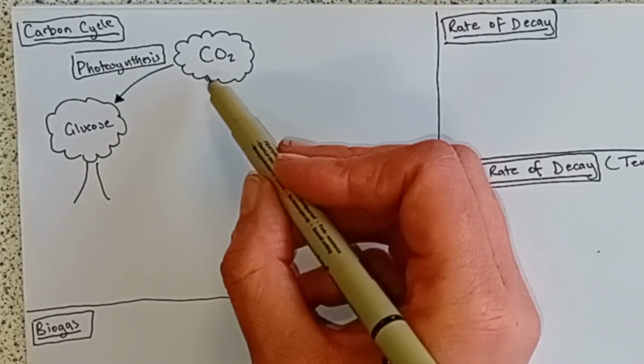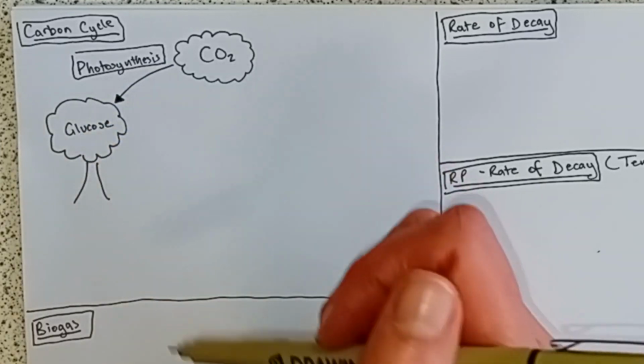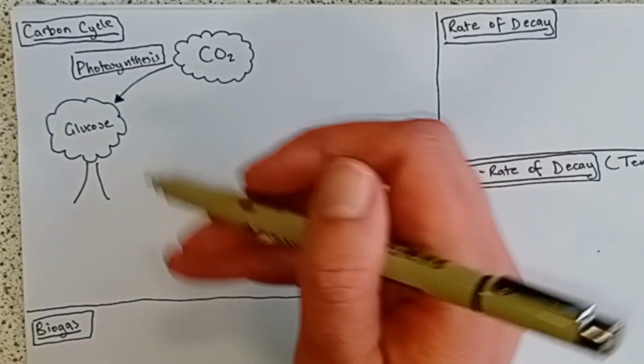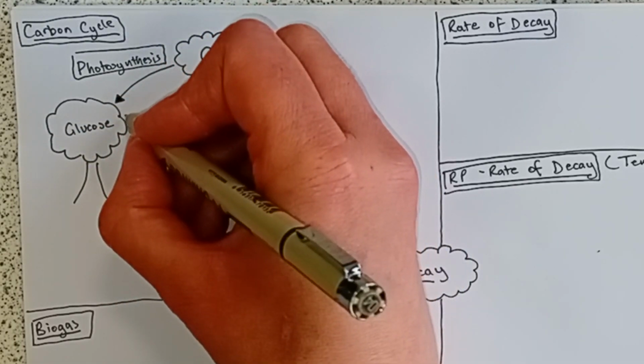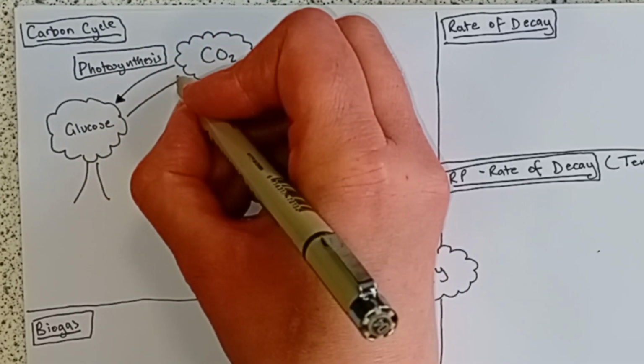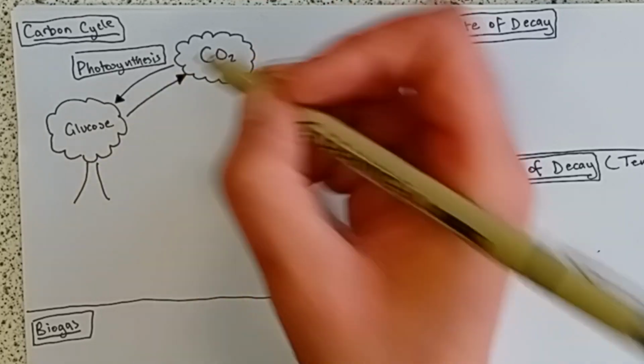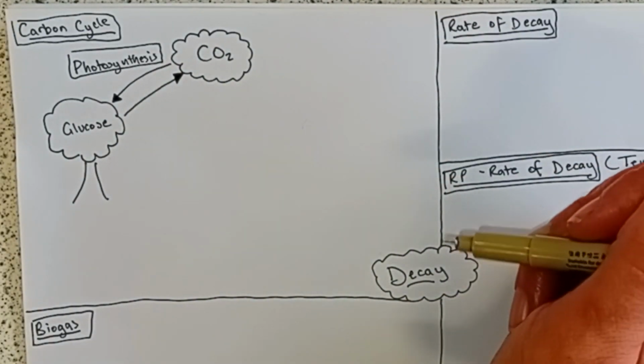So carbon dioxide is taken out of the air by photosynthesis and turned into glucose. You also probably know that plants also use that glucose and break it down to release energy and make carbon dioxide that goes back up. That's the process of respiration.